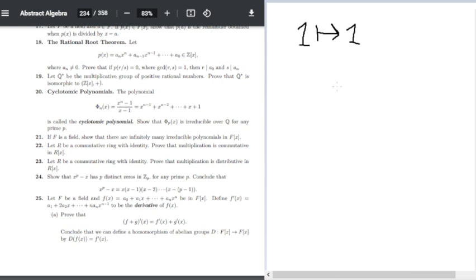If a is mapped to p of x, a to the n is mapped to n p of x.